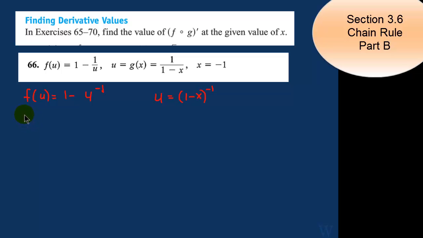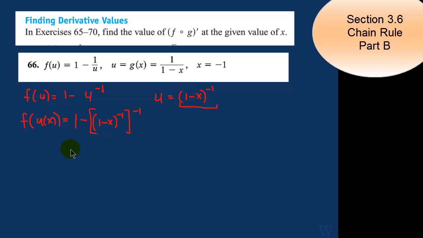If I were to apply f of u of x, that is just substituting u here. So in terms of its variable x, 1 minus, what is u? It's this whole thing. So it's 1 minus x to the negative 1. This is just my u, okay? It's just my u raised to the negative 1.